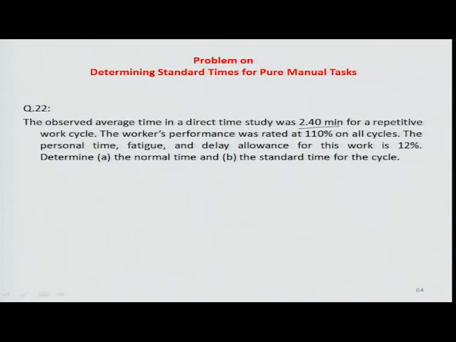The problem is saying that the observed average time in a direct time study was 2.4 minutes for a repetitive work cycle, and the worker's performance was rated at 110% on all cycles. The personal time, fatigue and delay allowance for this work is 12%. So we will have to calculate normal time and standard time for the cycle.